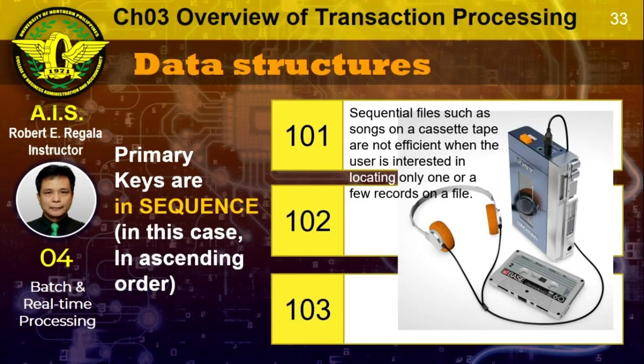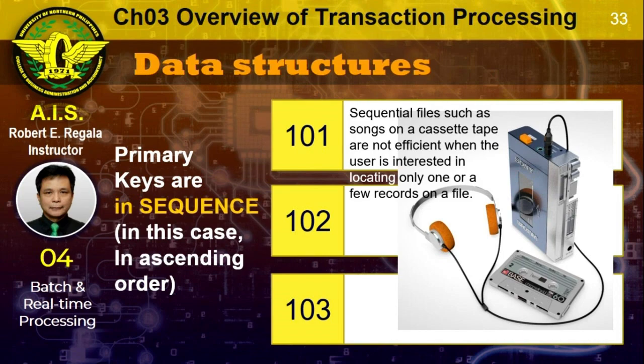Some searching is usually required to find the beginning of the song. However, if you are interested in hearing all the songs on the tape, you can simply play it from the beginning. An example of sequential file application is payroll processing, whereby 100% of the employee records on the payroll file are processed each payroll period.